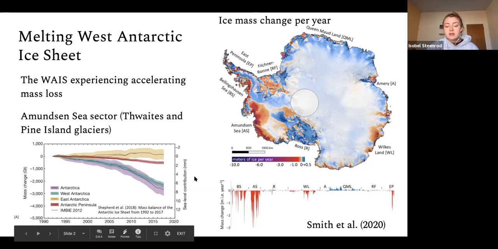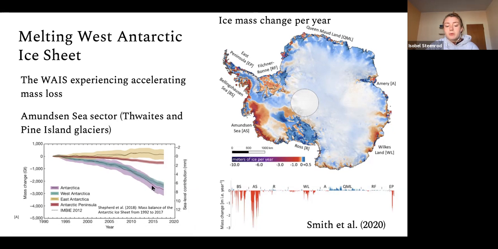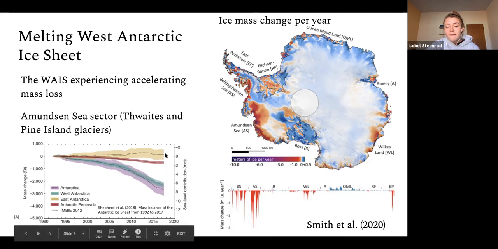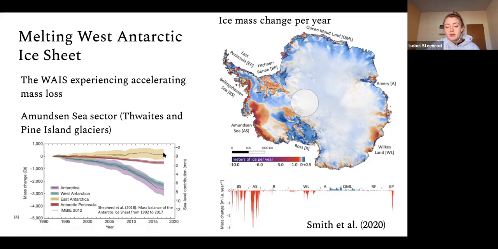The purple line is the total Antarctic contribution to sea level change, whereas the green line is just West Antarctica. So it's a huge contributor to sea level change over the past 30 years, whereas the East Antarctic Ice Sheet is grounded by the continent, and there's not a lot of mass loss change going on over there.